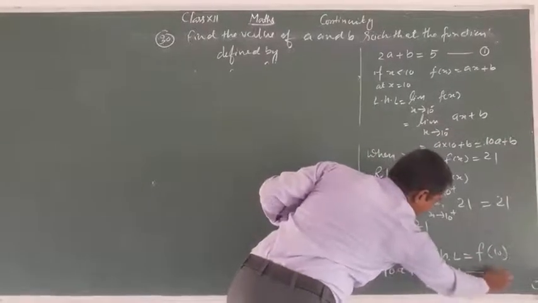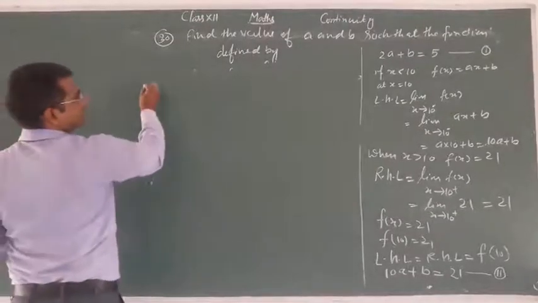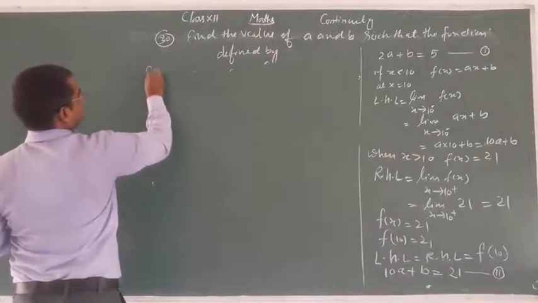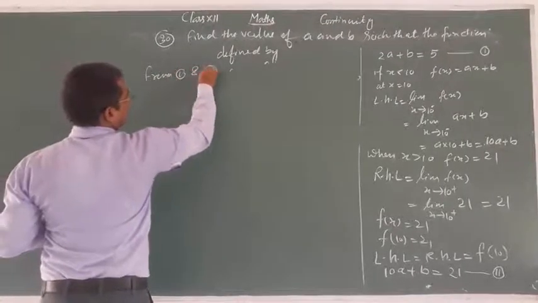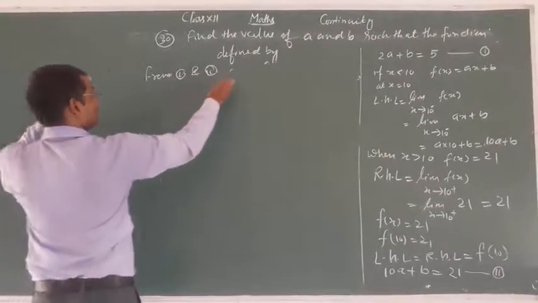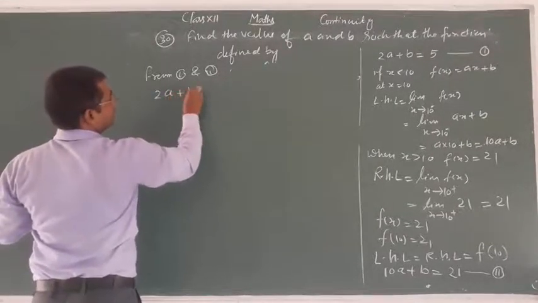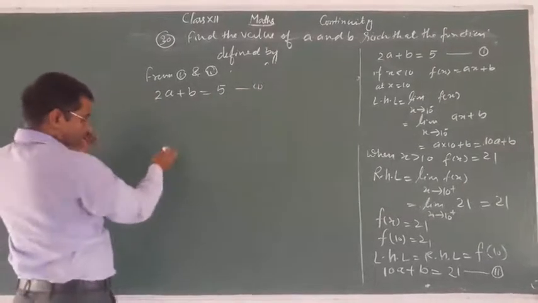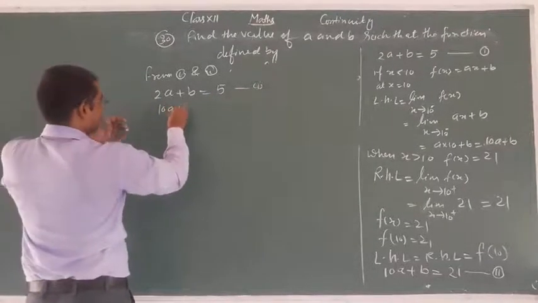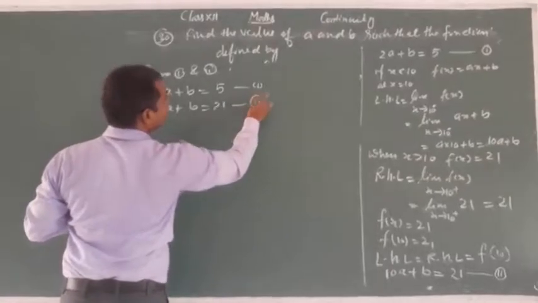Now take equation second. From equation first and second, we get 2a plus b is equal to 5 (equation first), and 10a plus b is equal to 21 (equation second).